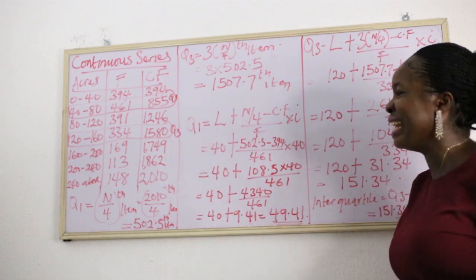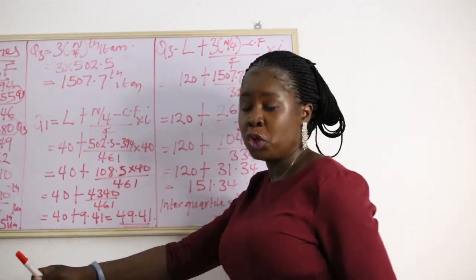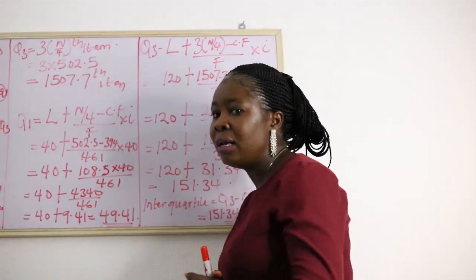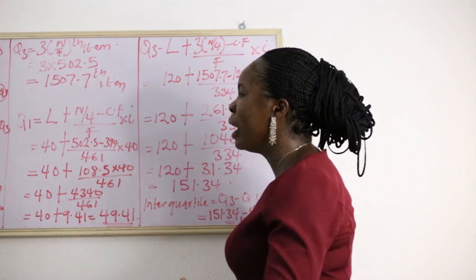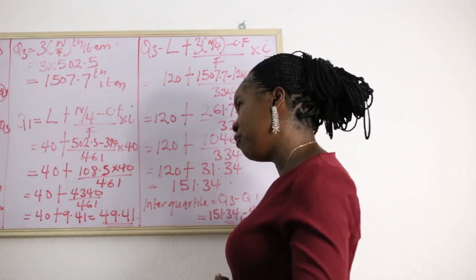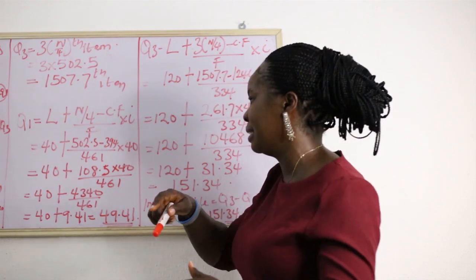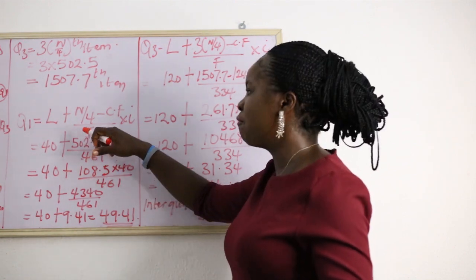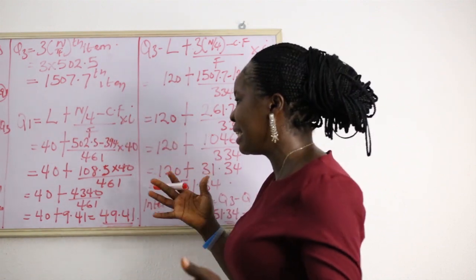It doesn't end there. We have to find the values of Q1 and Q3. Looking at Q1, the formula says L, the lower class limit of the class where Q1 is sitting, plus n over 4 minus the cumulative frequency of the preceding class, divided by the frequency of that class, multiplied by the class interval.